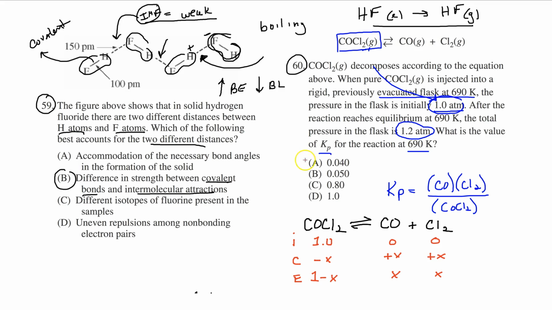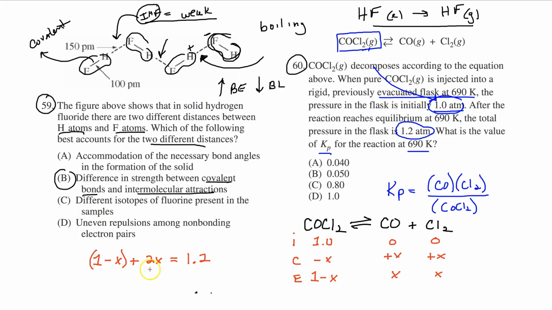Well, they said that the flask is at 1.2 atmospheres. So the way that I would do it is take 1 minus x, and because we're talking about the total pressure, 1 minus x plus x plus x is 1 plus x, which is going to equal the total pressure in the flask, which is 1.2. Let's solve for this.